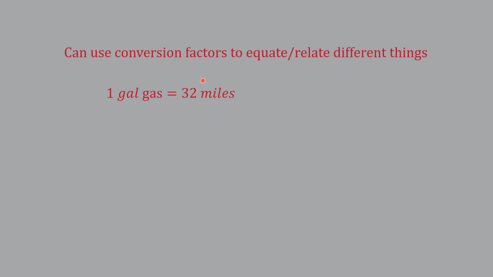And from this equivalency statement, you can make 2 conversion factors: 32 miles per 1 gallon, which would be the mileage that you normally talk about, or its inverse, 1 gallon over 32 miles. This will allow you to convert between gallons of gas and distance driven for that particular car.